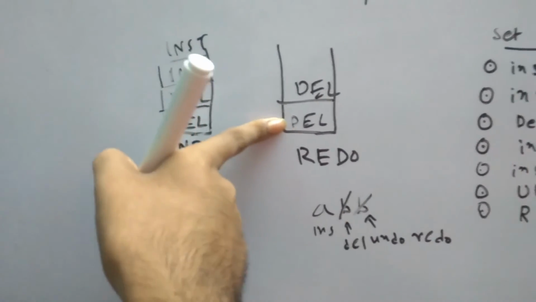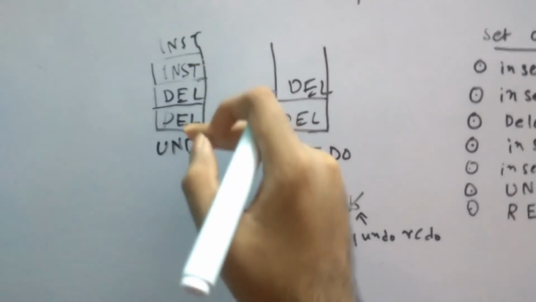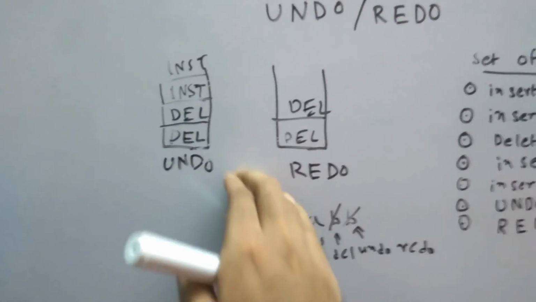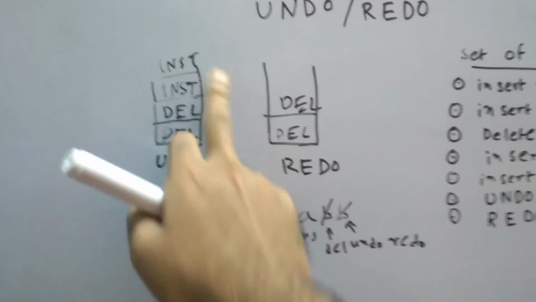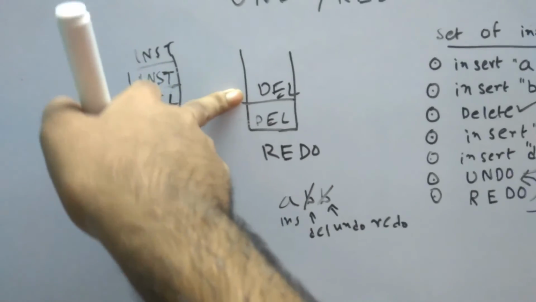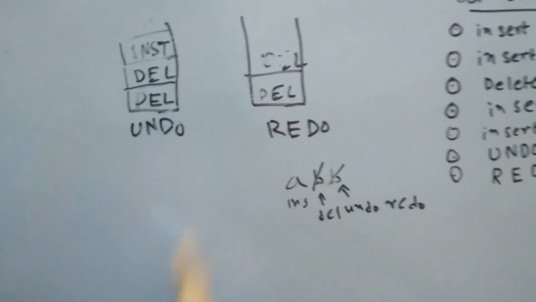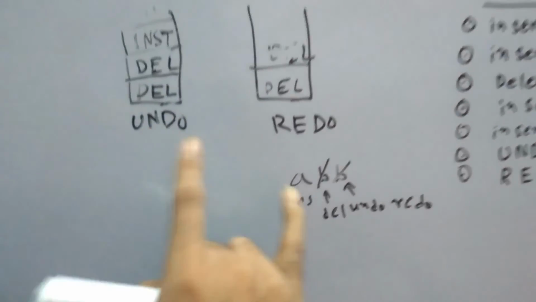So that's why it is structured in such a way that it is keeping an order. For this undo instruction, only the top of the redo stack will be executed. After that they both will be popped, then for the next undo the next redo will be executed. So that is how these two stacks are working.